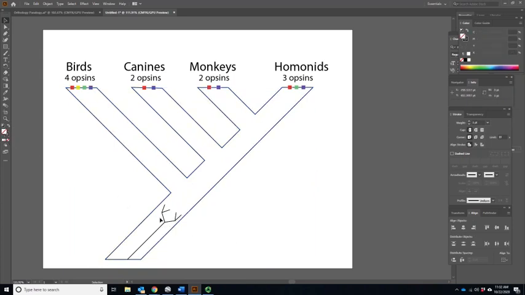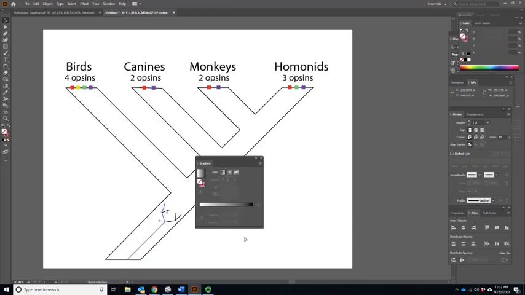So here we go. We'll do one of these and make it red. There we go. We'll make this one yellow. And then we'll make this one over here our green.